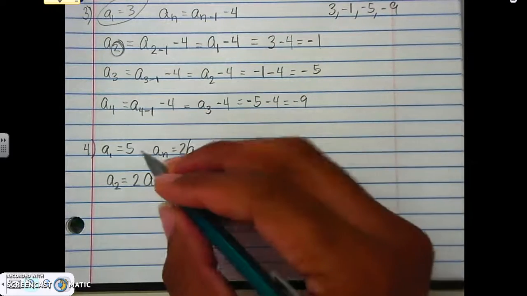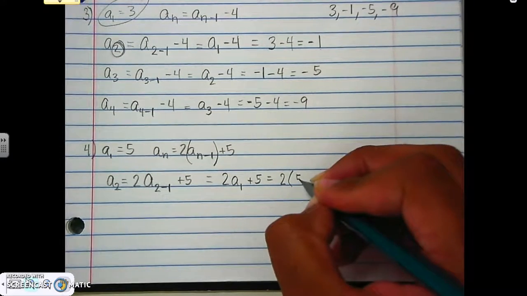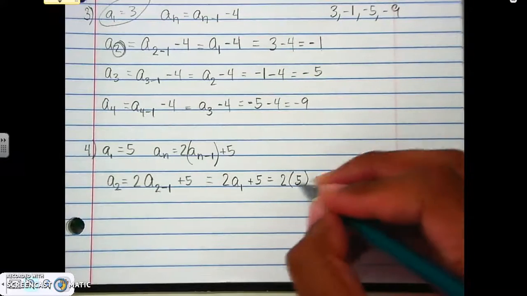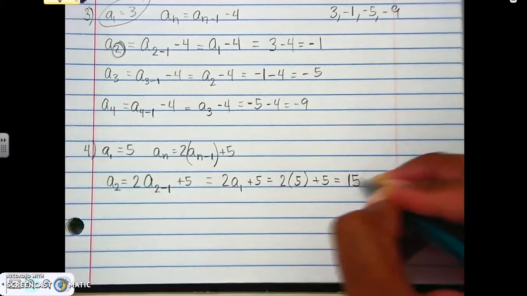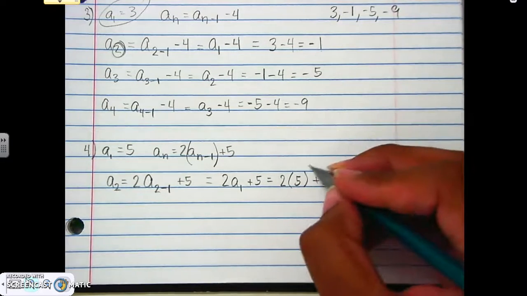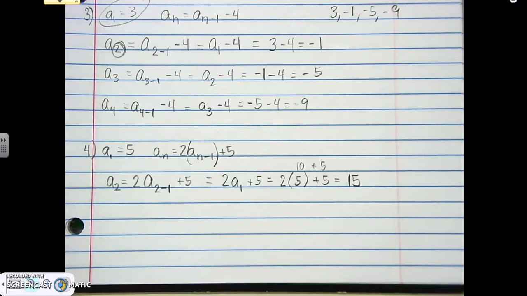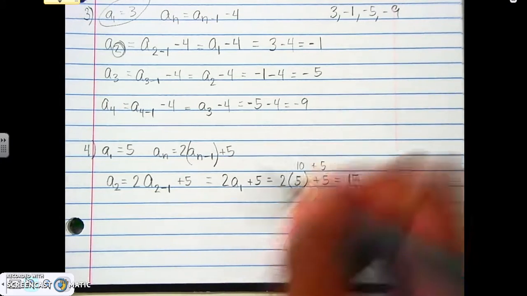And A1 is 5, so we're going to do 2 times 5 plus 5. That's 10 plus 5, which is 15. And that's A2. That's all you need to do: figure out what this part is, multiply it by 2, and then add 5.